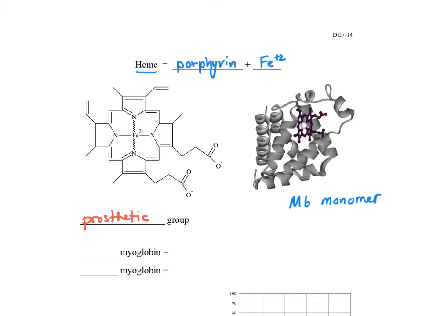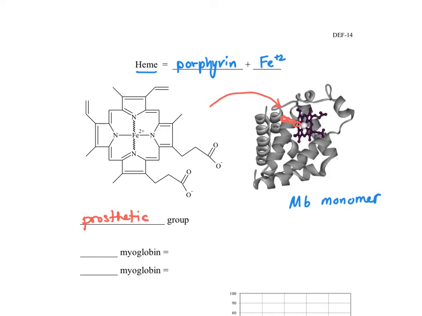In fact, we can show that to you. We'll take an oxygen and say that if it were to encounter a myoglobin, it would migrate its way in. Oxygen is diatomic, O double bond O there, and it would go in and bind to the iron. I'll show you better three-dimensional pictures of this in class.